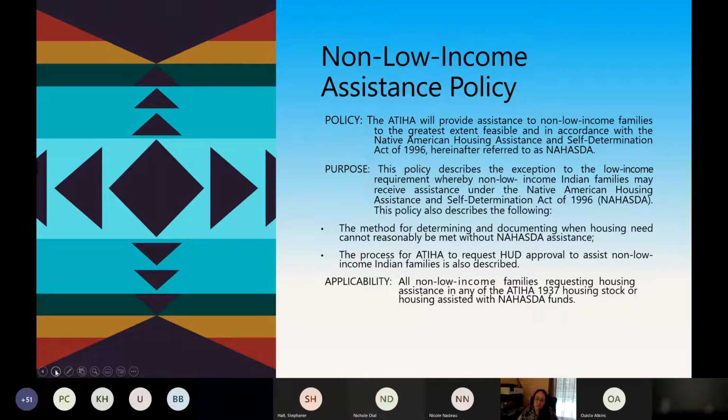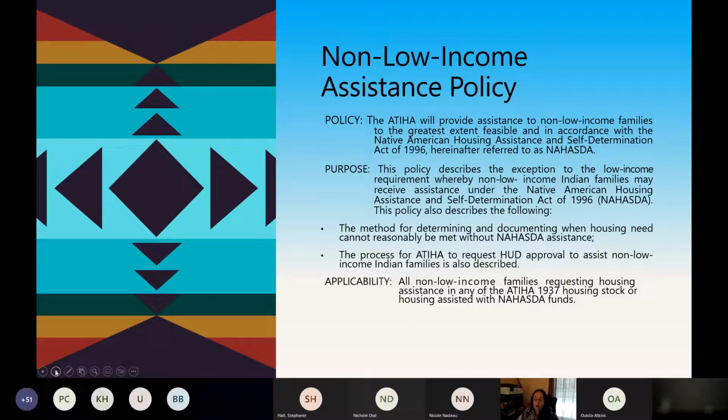The policy describes the exception to the non-low income requirement whereby non-low income Indian families can receive assistance under NAHASDA, the method for determining and documenting when housing need cannot reasonably be met without NAHASDA assistance, and the process for ATIHA to request HUD approval to assist non-low income Indian families.